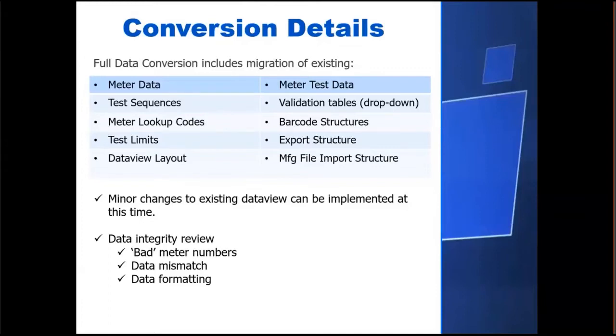And then formatting: a lot of times you're going to see either tester IDs or meter types that might be the same, but their spelling is different, or they have a capital or a dash or a space. We try to help bring those into one category, and oftentimes we will then use a dropdown to help keep those clean in the future.